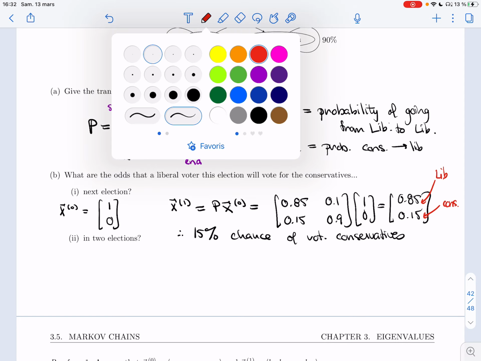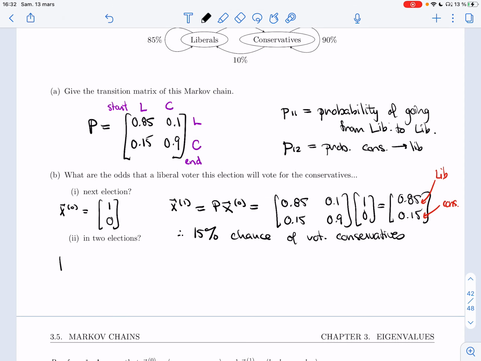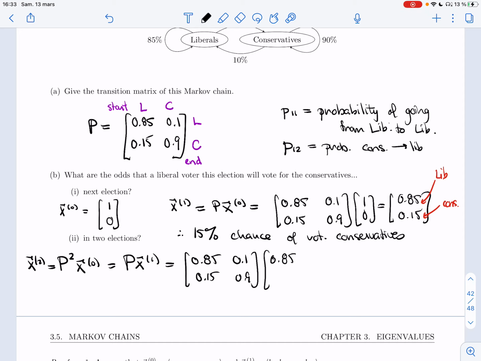Now if we want two elections, then we want P squared. X2 is P squared times X0. So I'm going to take this P times X0 and multiply it by P again. So I'm going to multiply by 0.85, 0.10, 0.15, and 0.90, times (0.85, 0.15).